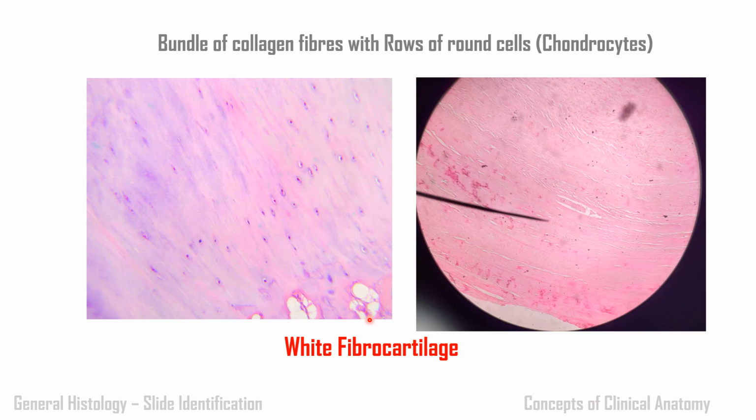If it is dense regular connective tissue, the cells won't have rounded nuclei. Usually you may not be able to appreciate the nucleus, but you can see bundles of collagen fiber running close to each other without any space in between.